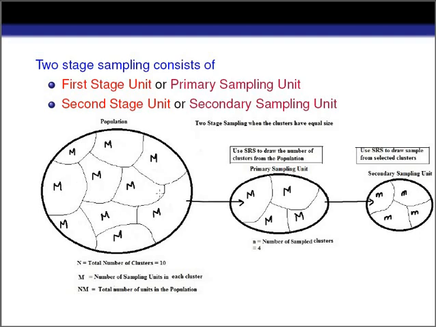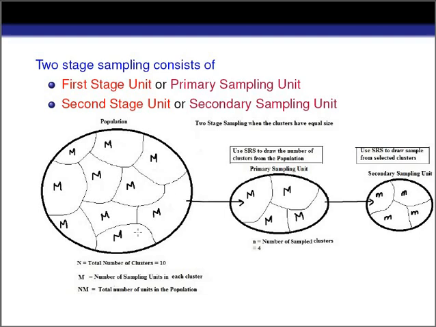In this example all the clusters are made of capital M units, which means the size of the population in each cluster is equal to M. There are 10 clusters, so the value of capital N is 10, because capital N is the total number of clusters. Capital NM will be the total number of units present in the population. So this is about our population.